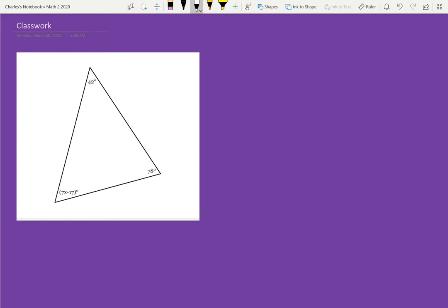So this is the first one, which is solving for interior angles of a triangle. These three things are going to add up to 180. So I'm going to do 7x minus 17 plus 42 plus 78 equals 180. 42 plus 78 is 120. 120 minus 17, I think, is 103.